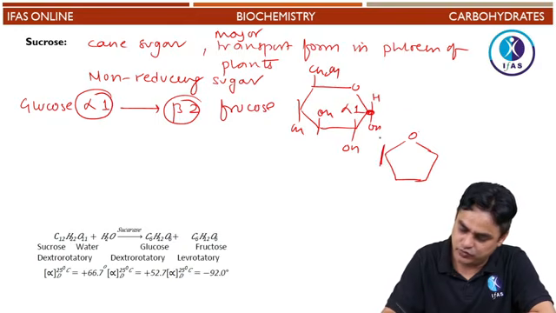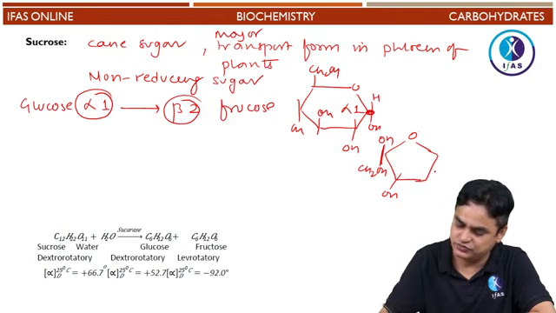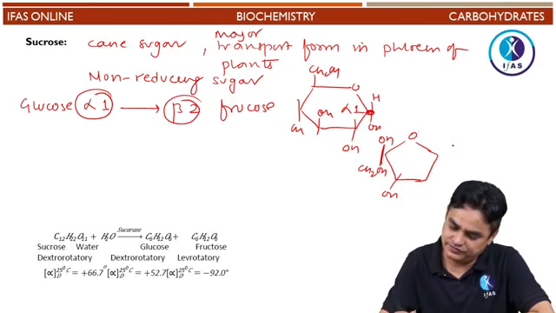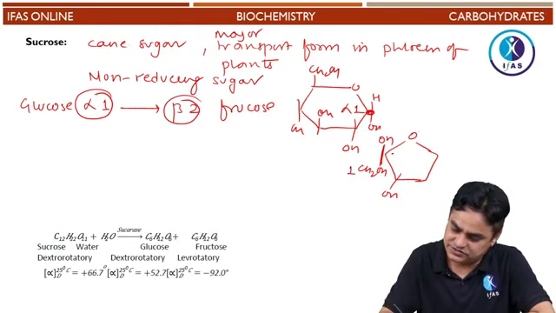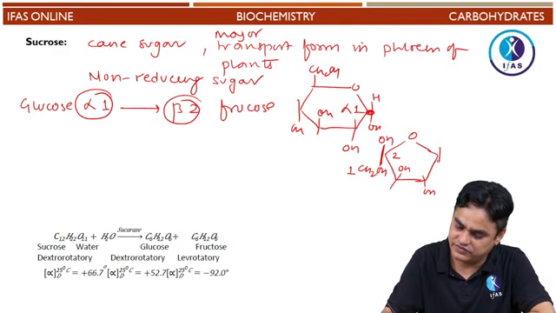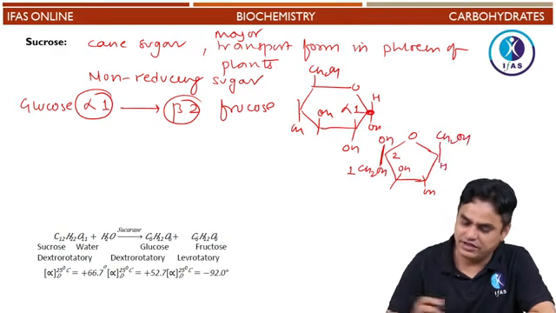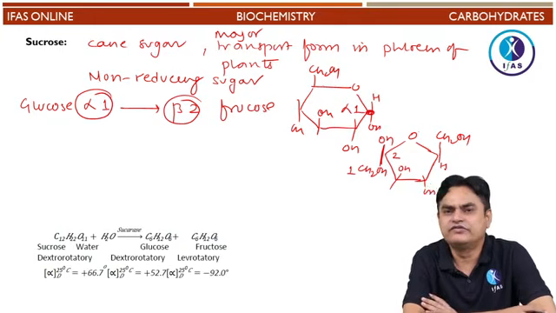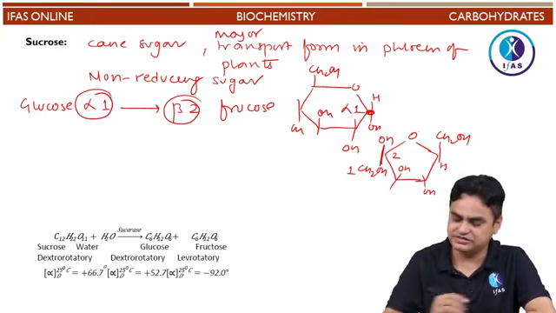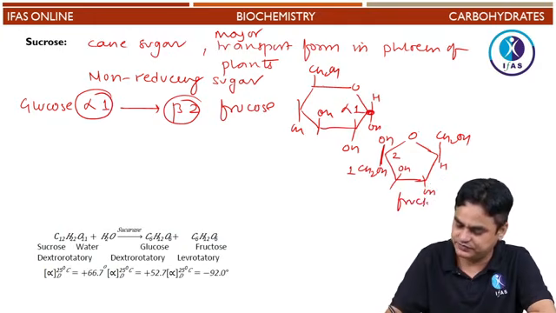So the OH group is above the plane at the second carbon, let's say CH2OH. This is O. This is first carbon, this is second carbon, this is third carbon where the OH group would be above the plane. This is fourth carbon, this is the fifth carbon, and again there would be a sixth carbon. Again, don't worry much about the structure, but this is now the structure of fructose.